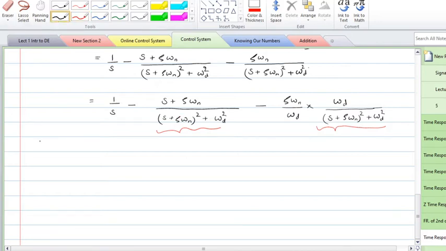So we can write this by taking the Laplace inverse transform of both sides.